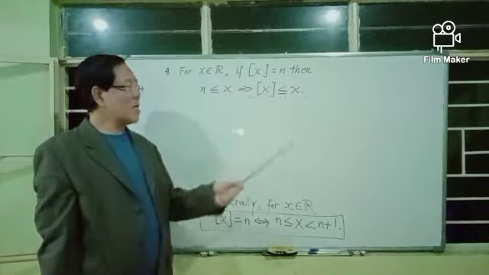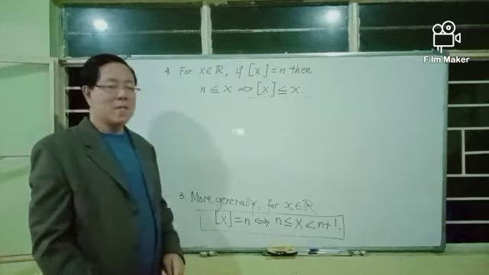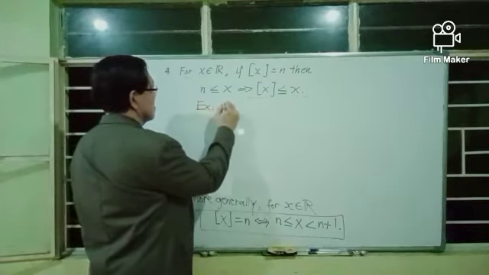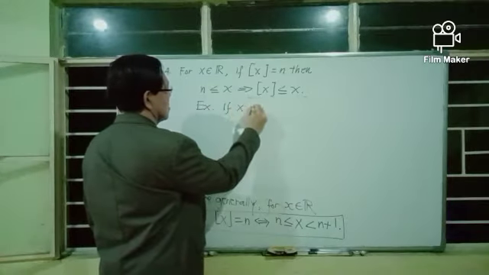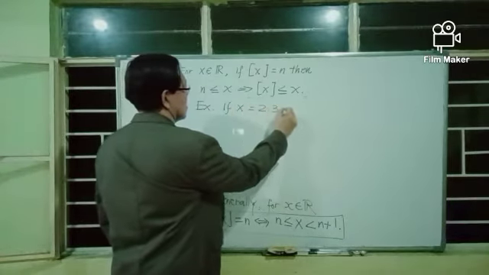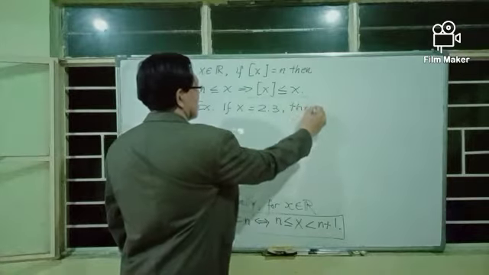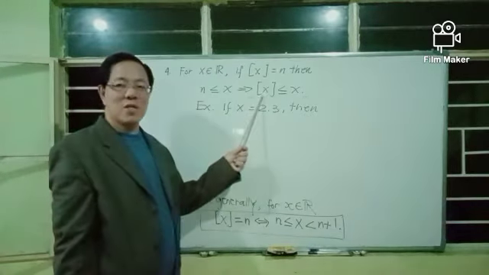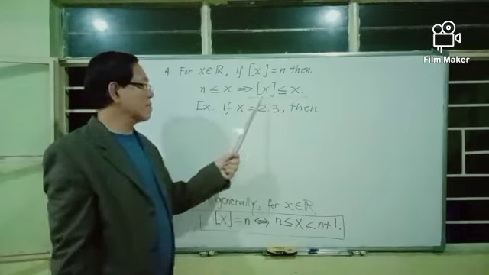An example is 2.3. If the real number x is 2.3, we check if this inequality is correct.